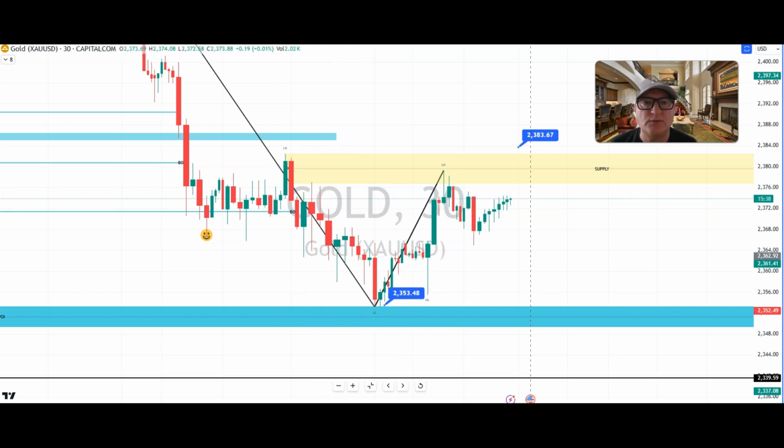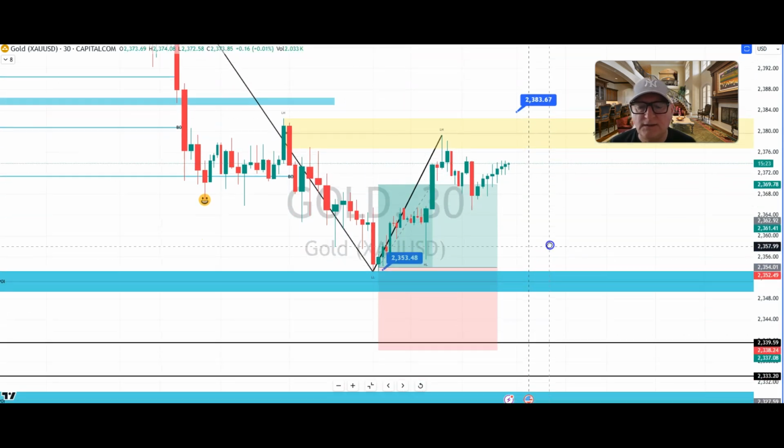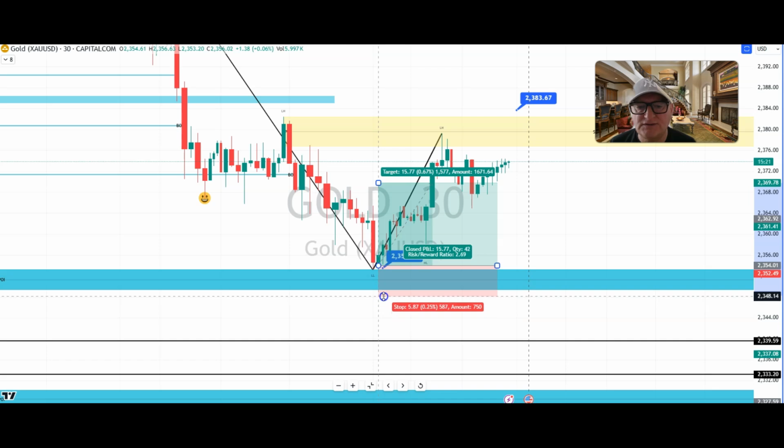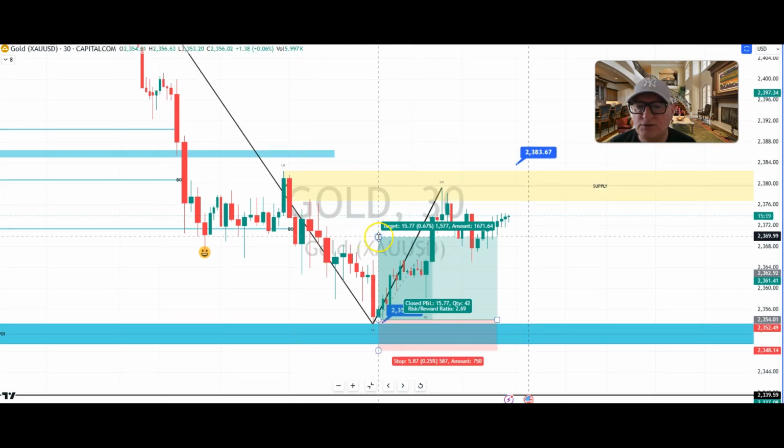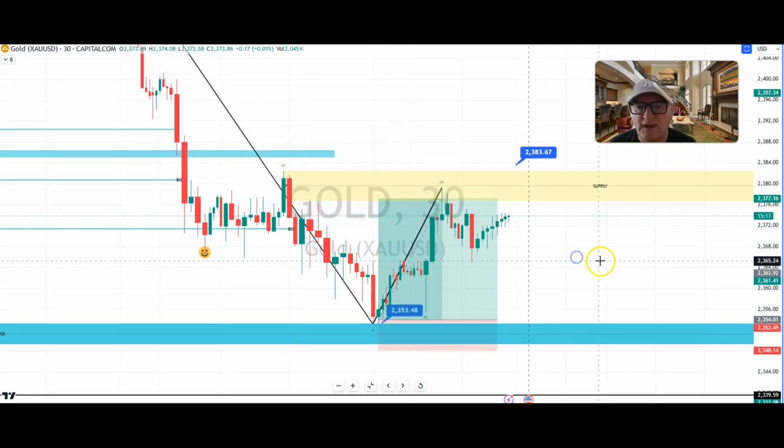So as an example, if you put a pending order here, you wouldn't have been triggered. If you put a pending order just above here, that would have been triggered. Very easy to set. So a long position just below the support line, stop just below the support line, and you could take it to the next level, can't you, there?